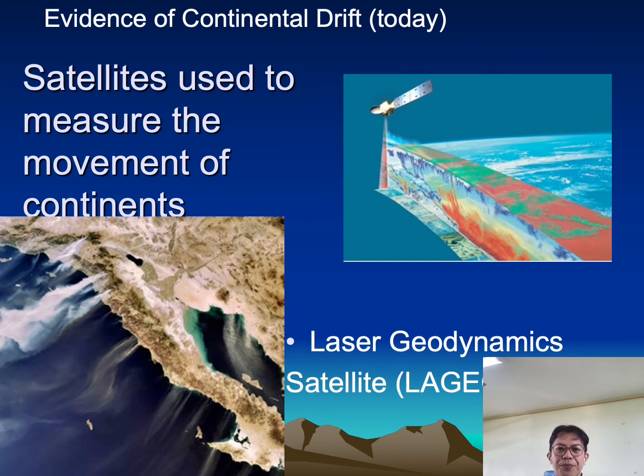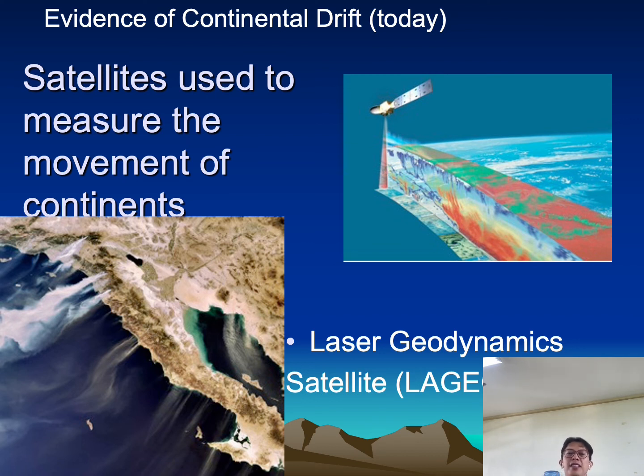And today, because of the innovations, technologies are there already to check on whether there really is continental drift or whether there is really movement along the plates, or the lithospheric movements.